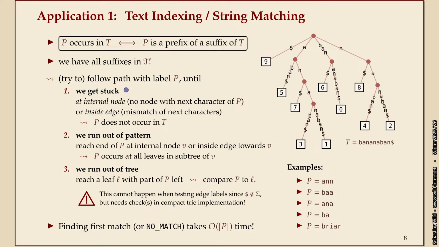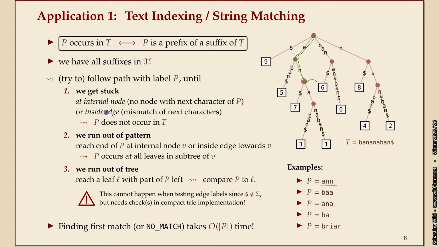So, for example, this first string here, if you read A, N, and then another N, there's no outgoing edge for N. So here I'm falling out of the tree. That means I couldn't find any occurrence because there's already a prefix of the pattern that doesn't occur anywhere in the text. Then P doesn't occur.